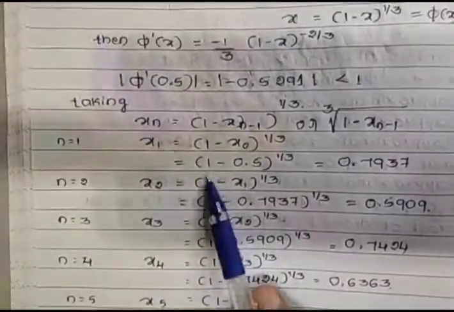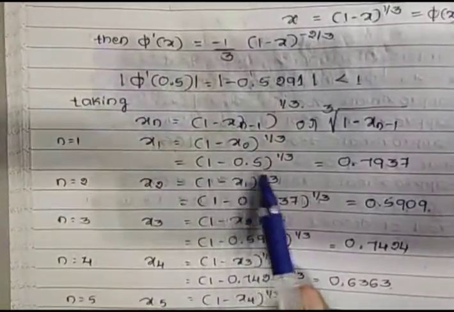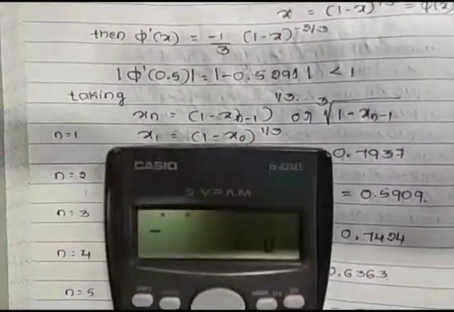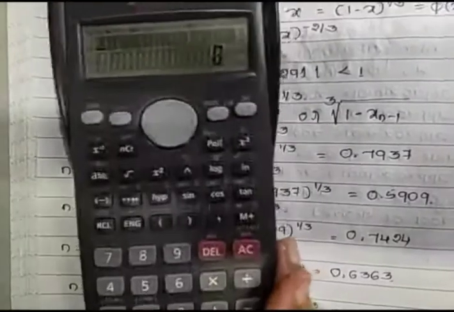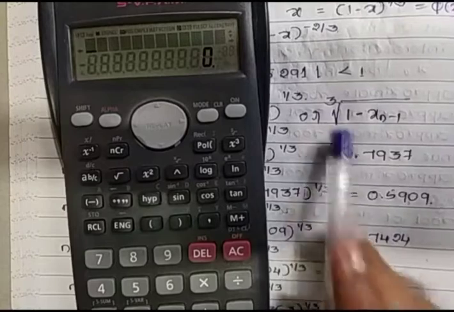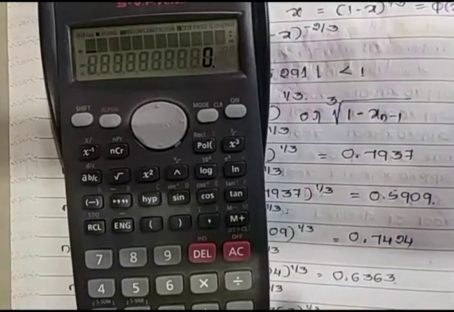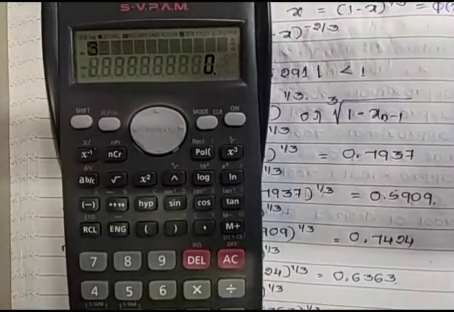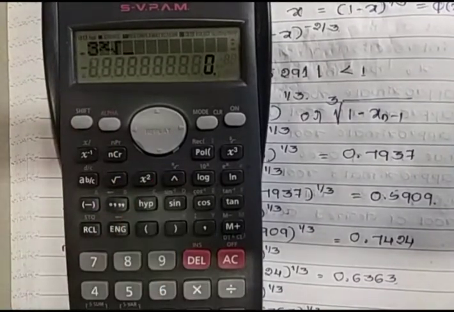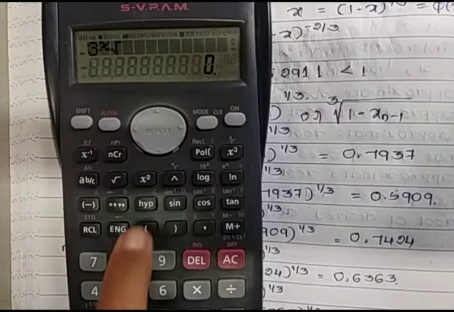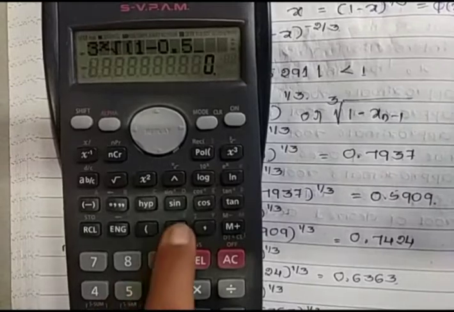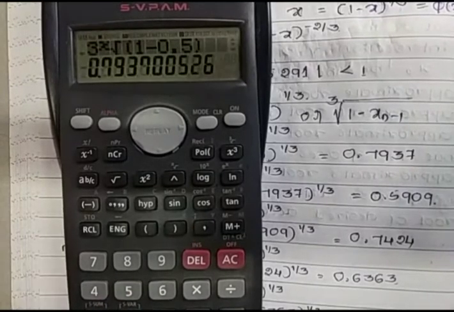Now we need to solve (1 minus 0.5) raised to 1 by 3. First, 1 by 3 means cube root. So first type 3, then shift and the cube root button, then in brackets 1 minus 0.5, complete the bracket, then the equal sign.